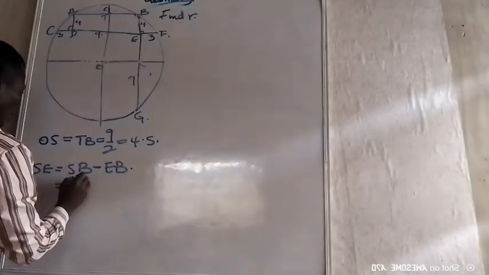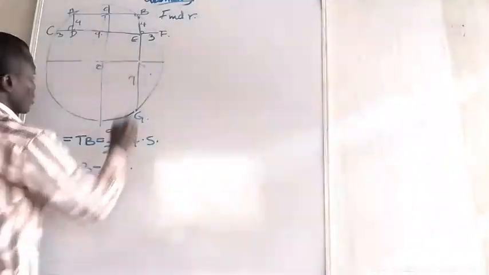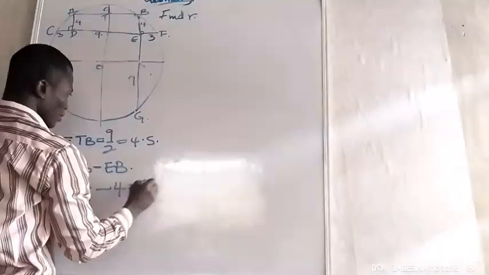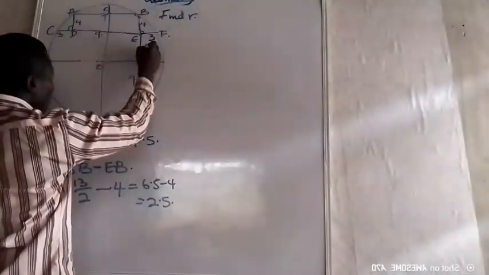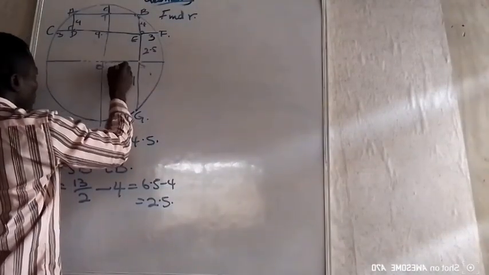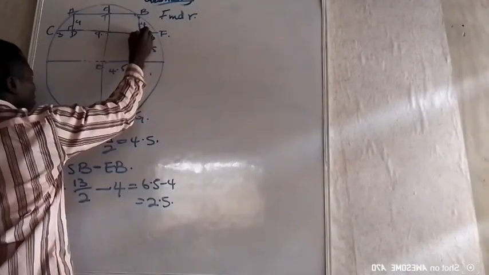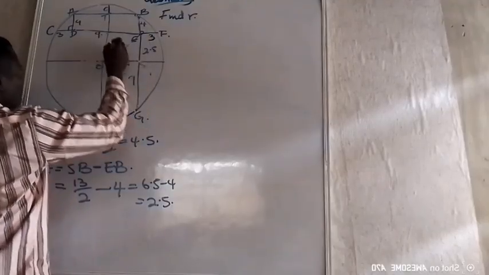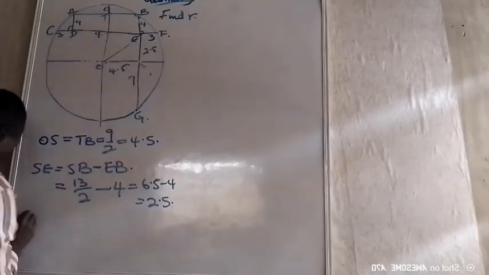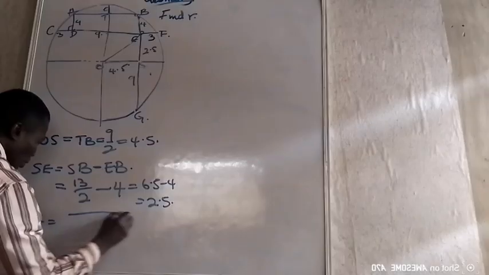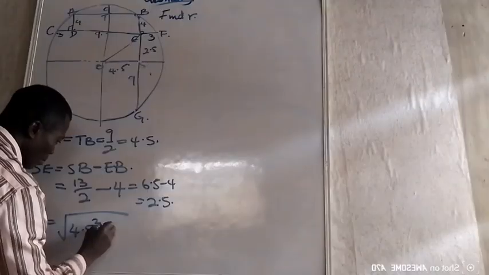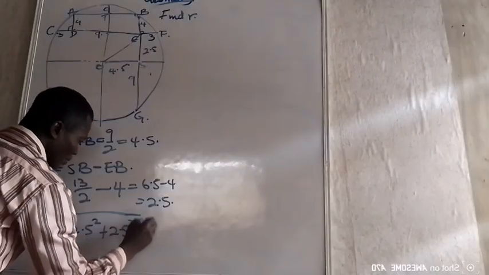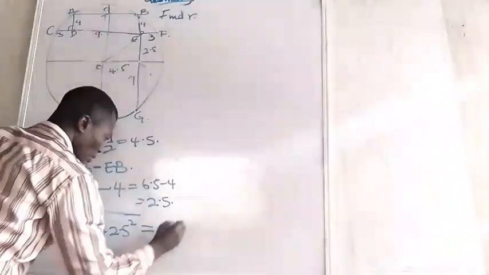So it is 6.5 minus 4, and that is 2.5. So this place is 2.5, and this place is 4.5. So what is this place going to give us? That is OE, which is equal to the square root of 4.5 squared plus 2.5 squared, and that gives us 26.5.